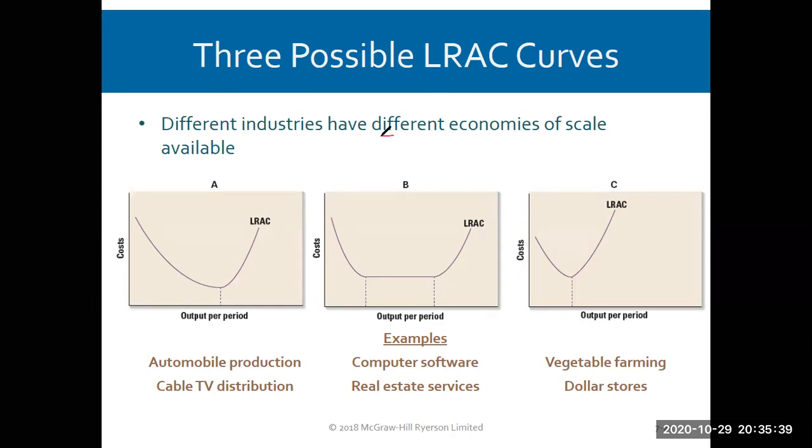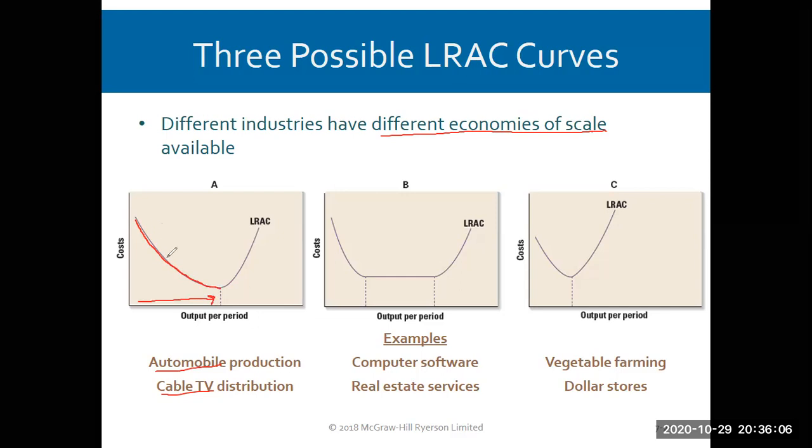Well, different industries have different economies of scale. And great big assembly line type of industries like automobile production or cable TV or cell phone towers or pipelines themselves, great big assembly line type of production facilities, well, they take a lot of quantity, a lot of output, and average costs keep falling and falling and falling until they get really, really big.